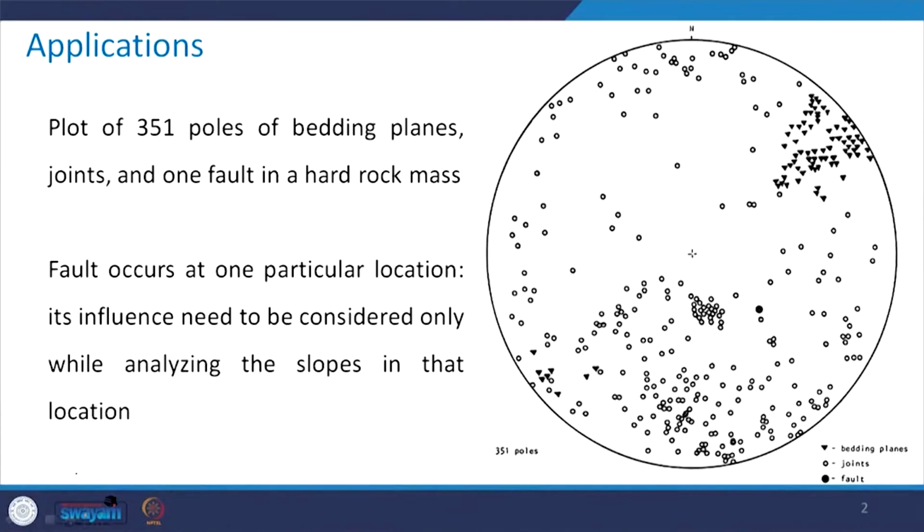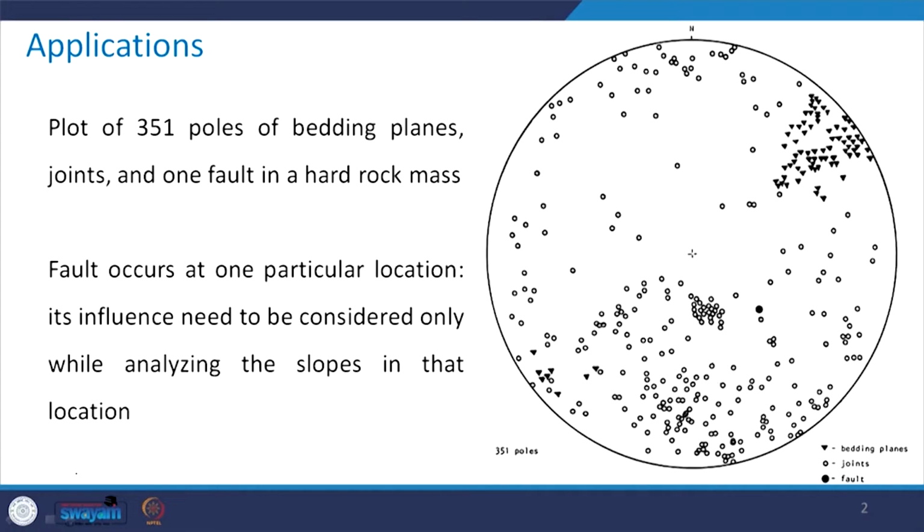So, you see that in this picture a plot of 351 poles of bedding planes and joints has been shown, and there is one fault in the hard rock mass that has also been shown.